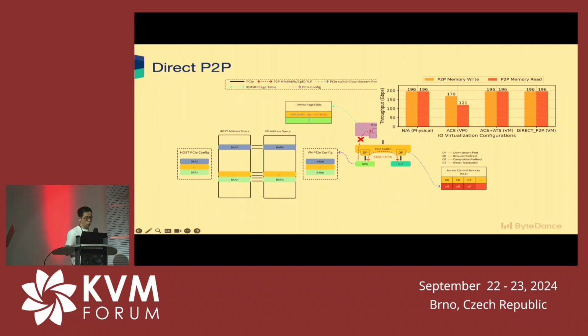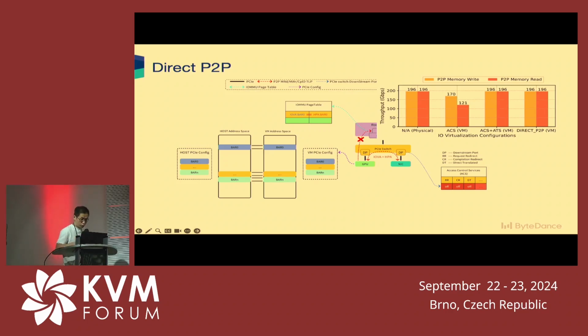Another thing is that the P2P solution can only impact the transmission path of the P2P transmission. For DMA transfers that read or write the system memory, it will not change. The transmission also needs the IOMMU to translate the LVA to HPA like before.